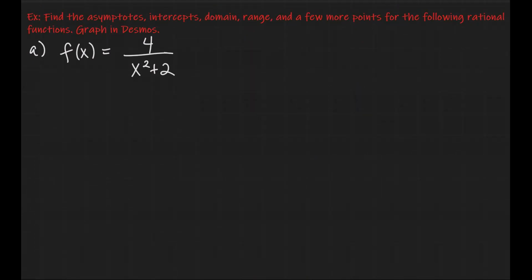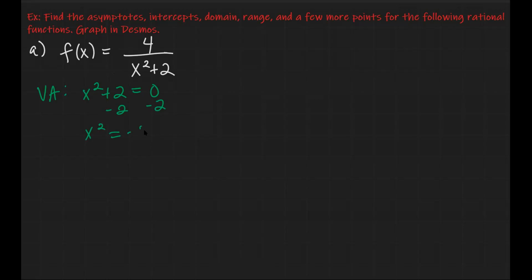Okay, let's start with our asymptotes. What are our asymptotes here? Let's start with the vertical. What do we do to find the vertical asymptotes? We set the denominator equal to 0. x squared plus 2 equals 0. Now from here, you might already see that you can't really get anything out of this, but just to confirm, if we move the 2 over, we have to subtract it.